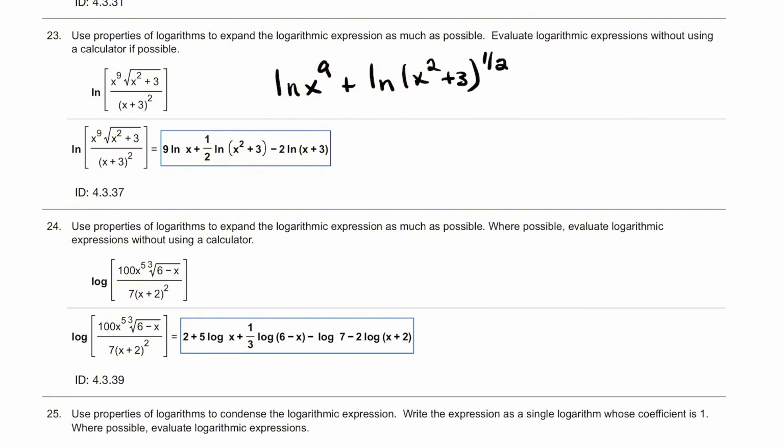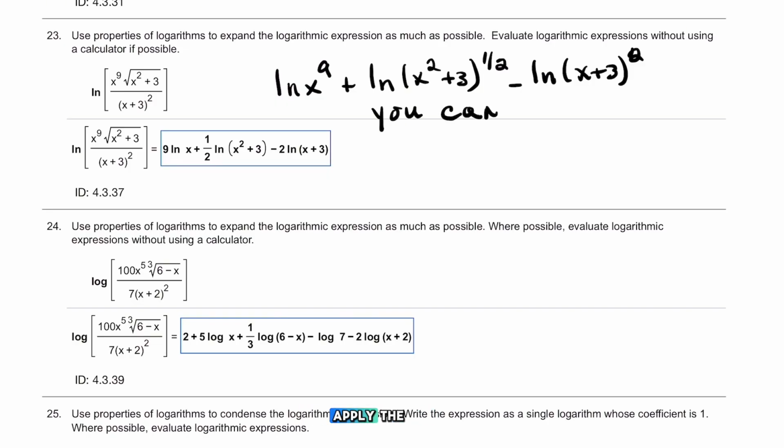And then you just apply the power property for logarithms. And we'll let you finish the rest.